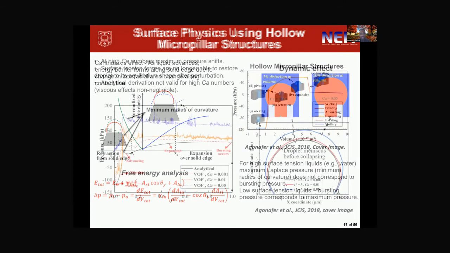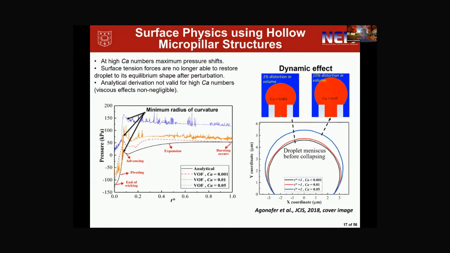We also wanted to look at the validity of our free energy analysis, and we see that at very high capillary numbers there's a shift in maximum pressure. This can be attributed to surface tension forces that are no longer able to restore the droplet to its equilibrium shape after it's been perturbed.